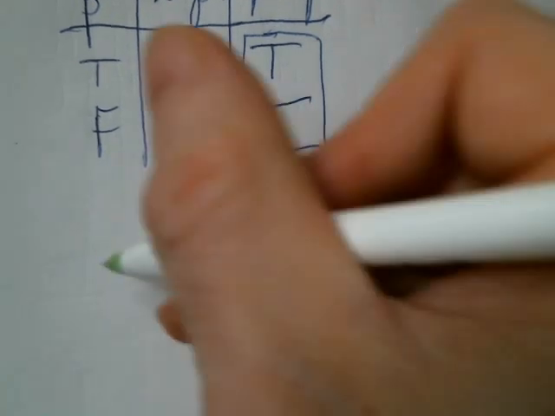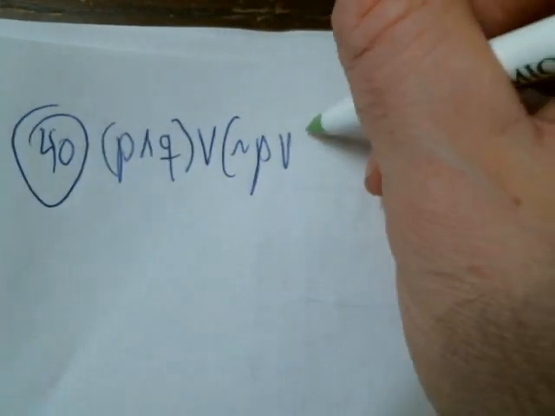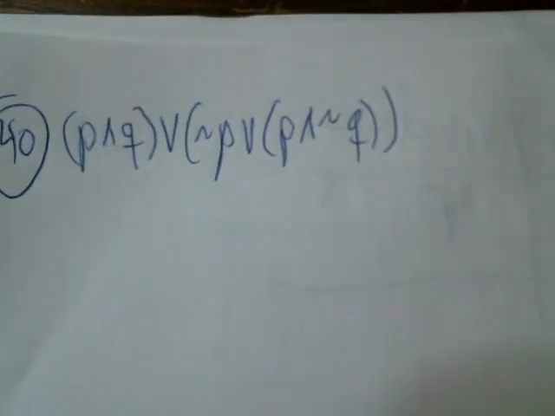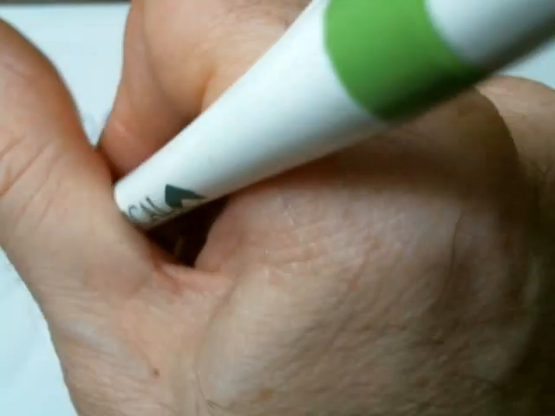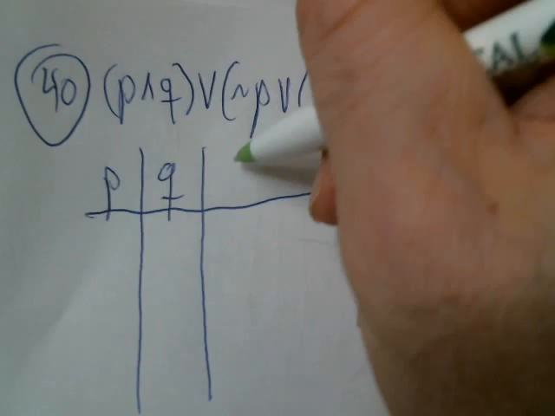The book will give you much harder problems to attack. Let's look at one that's harder now. Like number 40, we have P and Q, or not P, or P and not Q. So our truth table: P, Q, and I'm going to do it the shorthand way like I was showing you earlier.